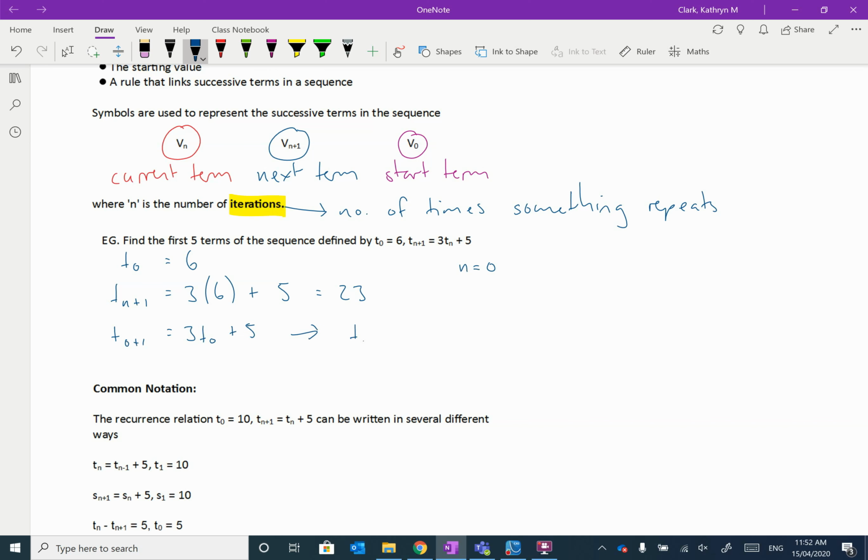That's t1 equals 3 lots of 6 plus 5. That's where the substitution for n, the number of iterations, could be substituted in. But I find that students tend to find this explanation a little bit confusing. So if we just think about t(n+1) being the next term and just using our previous term each time, it's much easier to then generate your sequence.